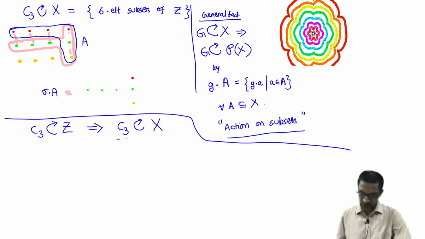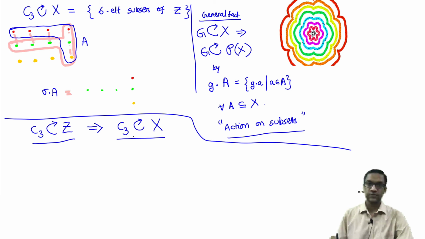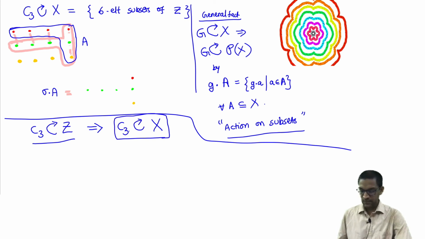This is something that you should check in this case: because I have an action of C3 on Z, I also have an action of C3 on X, which is the collection of 6 element subsets of Z. So we are close now. We already have a p-group and we have an action of that p-group on the set X, whose cardinality is exactly pn choose pr.